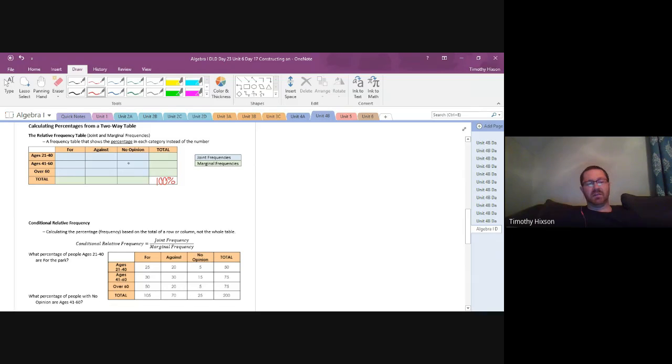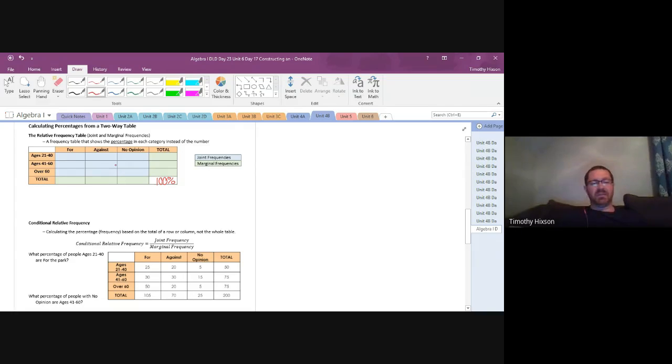All of these are the joint frequencies. They're joining together two of the different parts of the variable, like against and between ages 41 and 60. These out here are the marginal frequencies. So the totals for the rows and the totals for the columns are the marginal frequencies.